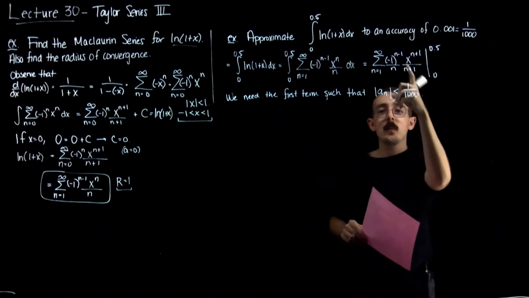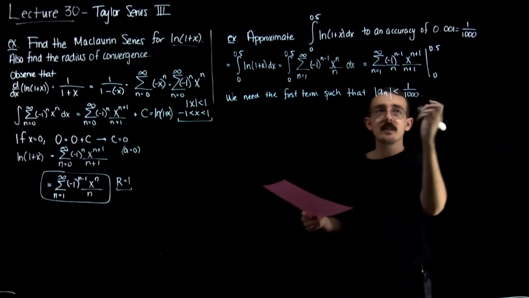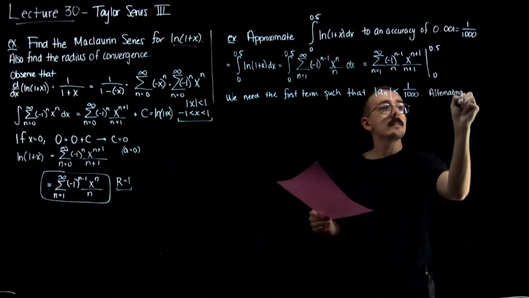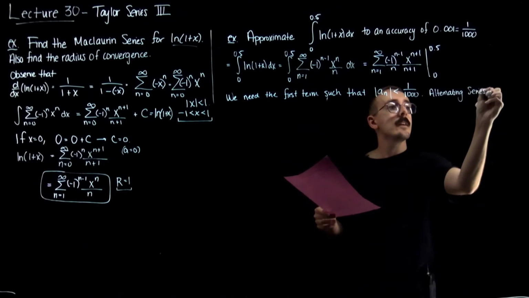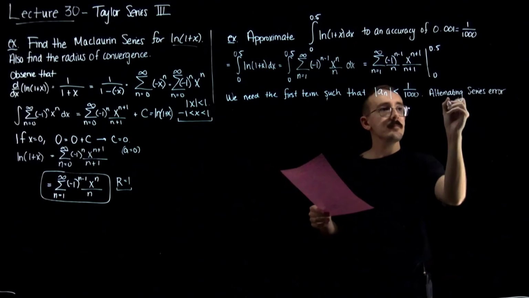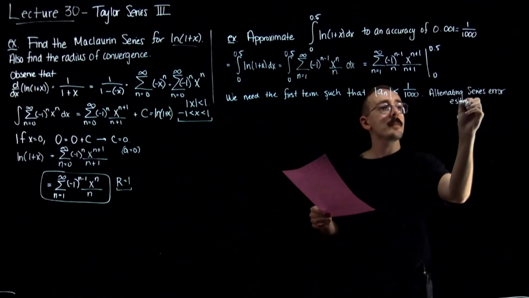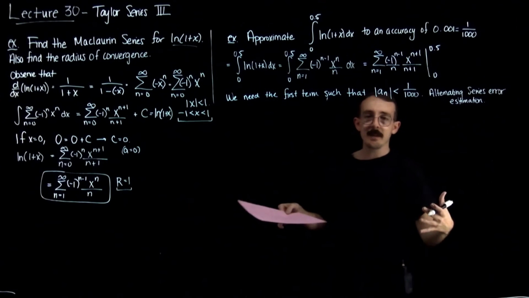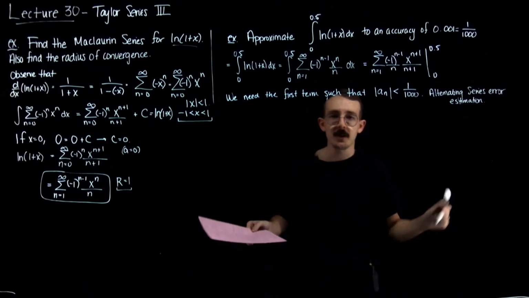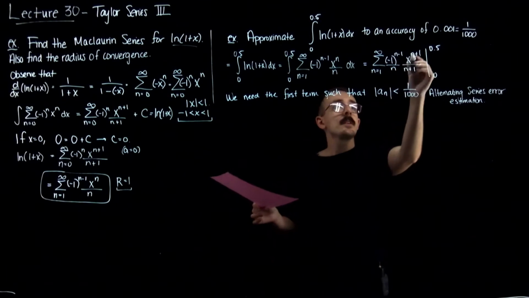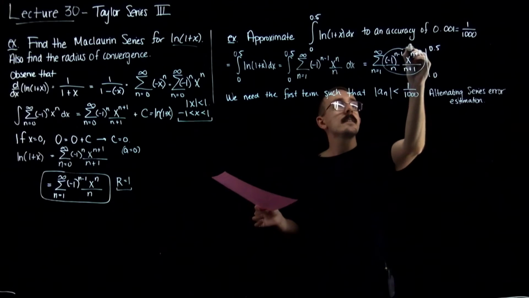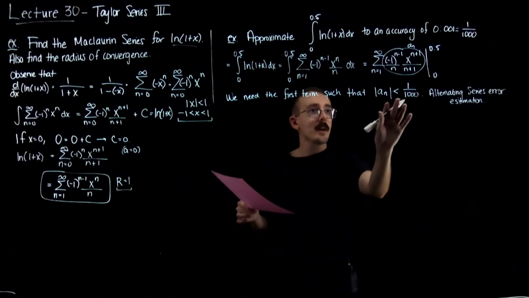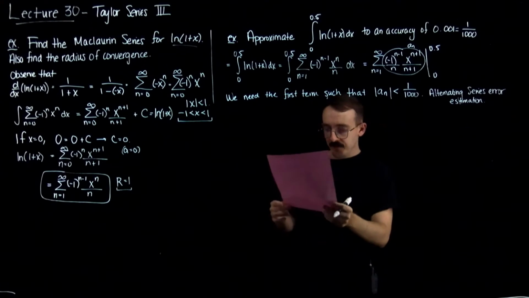And remember, what we're doing for this is called the alternating series error estimate. We had this theorem that lets you know the maximum amount that your series can be off by when estimating using the first few terms. So I'd like to call this a sub n and figure out where the first term is that is strictly less than 1 over 1,000.